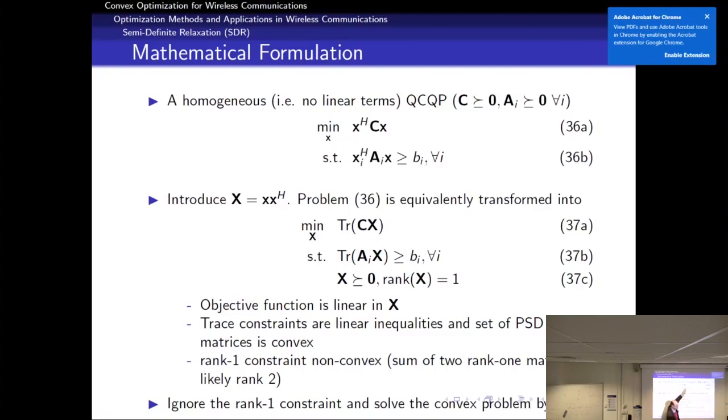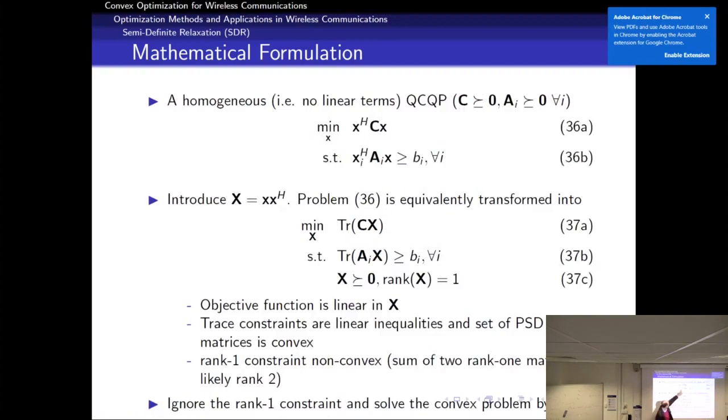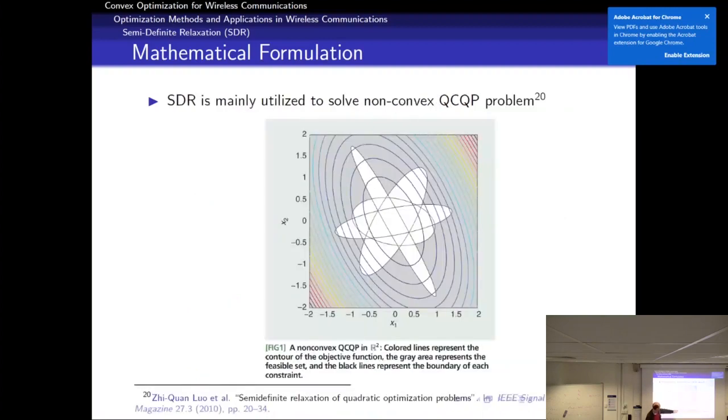This SNR will be a quadratic form. But it says that essentially each of you will need to receive at a quality better than something. And so this is represented like this. Each of those ellipses here is one of those constraints. So this quantity here represents one of those ellipses.